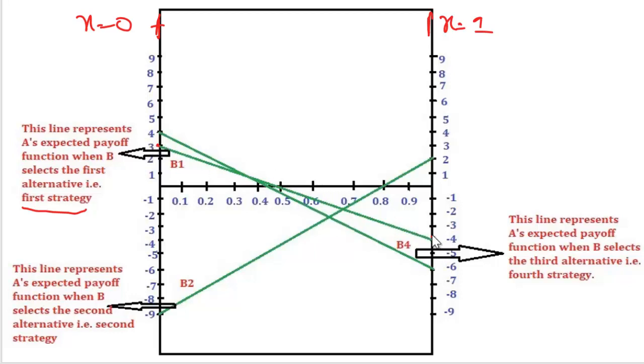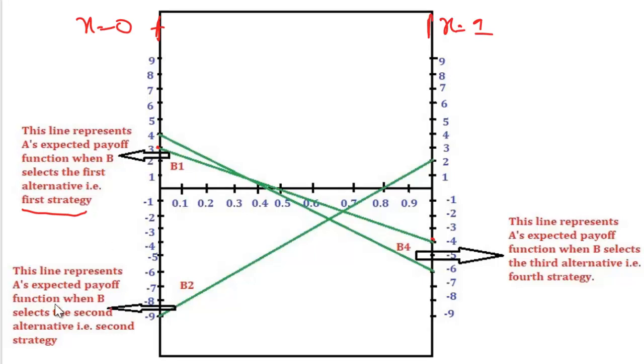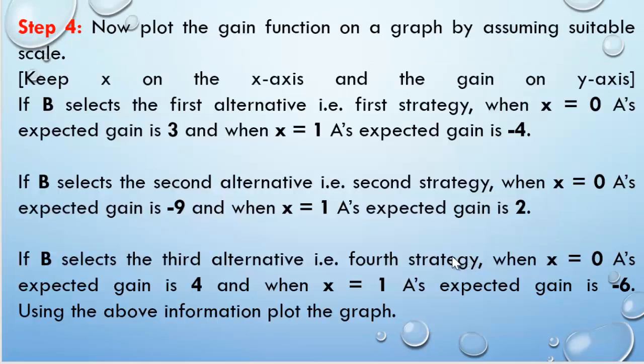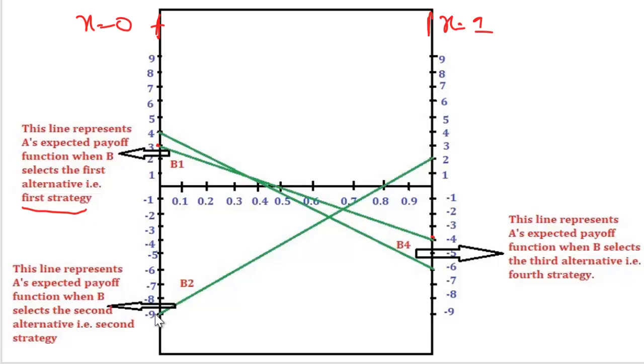Now, if B chooses the second strategy, what will be my points for that? If we choose second, that's negative 9 and 2. So negative 9 will be on the x0 axis, that is here. As you could see, negative 9. And then 2 will be on the x is equal to 1 axis. That's a 2. So I make a line of it.